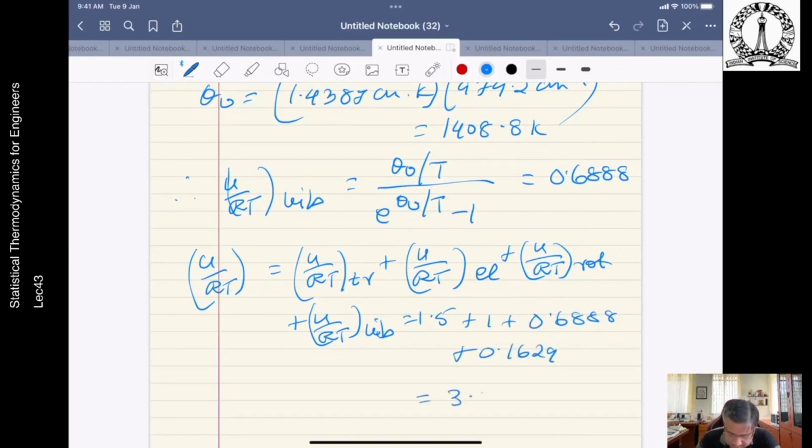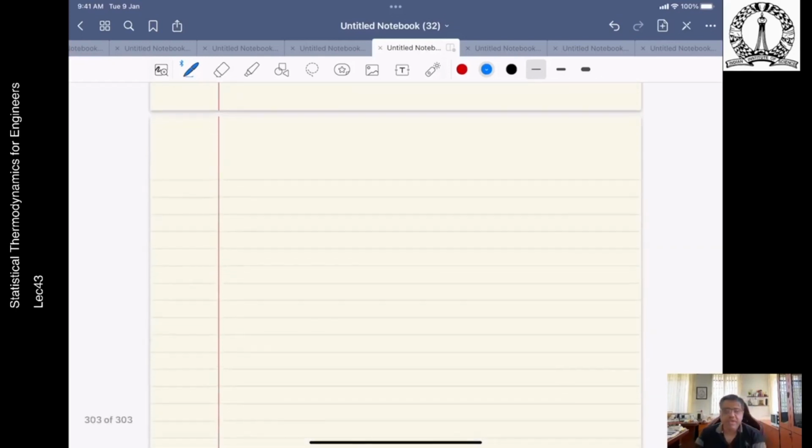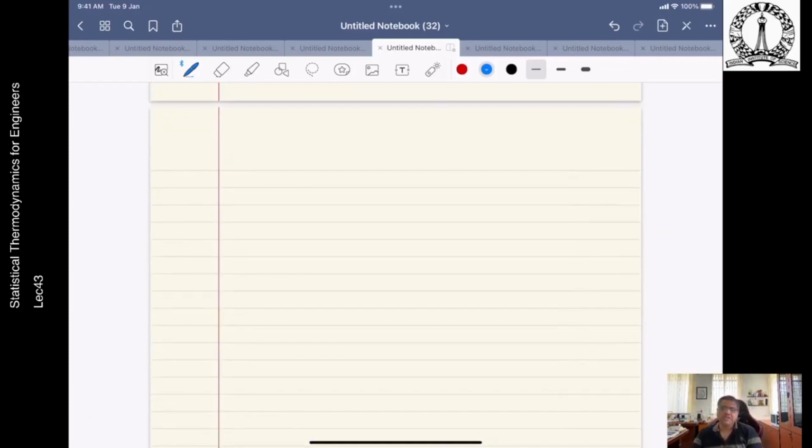It's given as 3.3517. Okay, so the final calculation of internal energy therefore will be multiplied by RT. It will be 555,735 kilojoules per mole. Okay, so that is interesting. So this gives you a nice insight on how to calculate the whole thing.